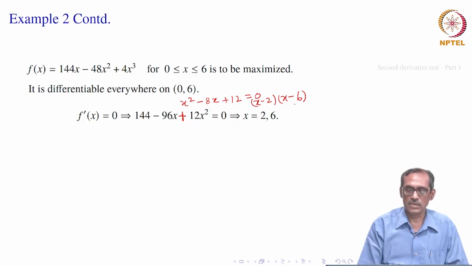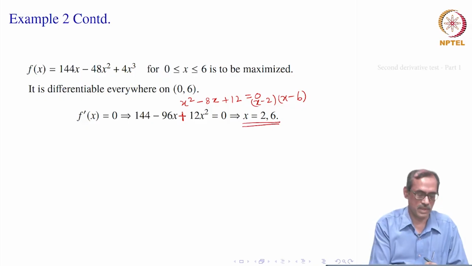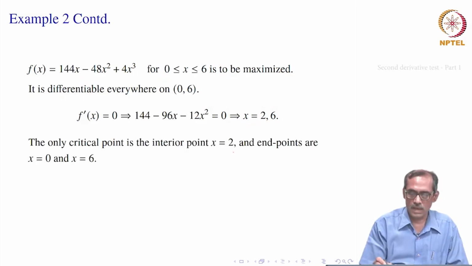Fine. So, the critical points are 2 and 6. These are the critical points. Now, each of the critical points we should discuss separately. So, let us consider x equal to 2. Of course, at the end points we may discuss 0 and 6 itself.